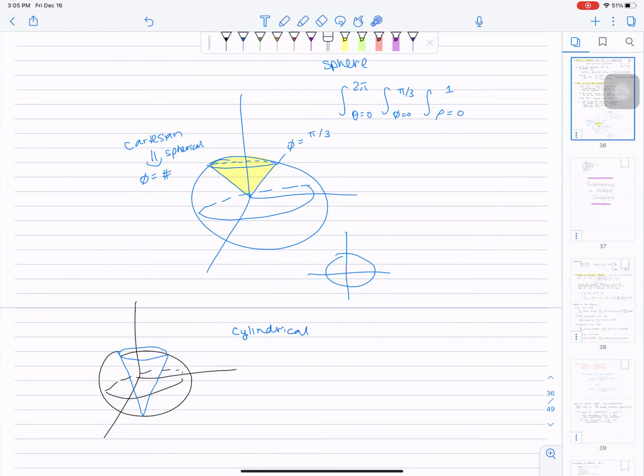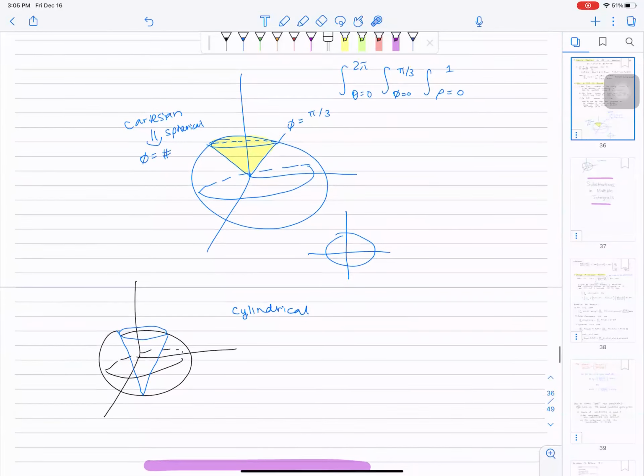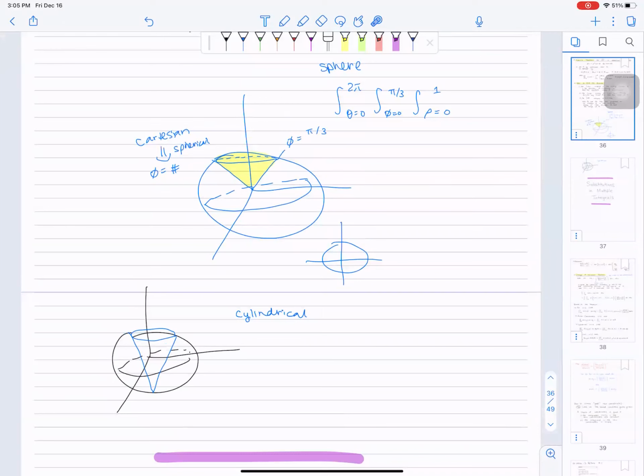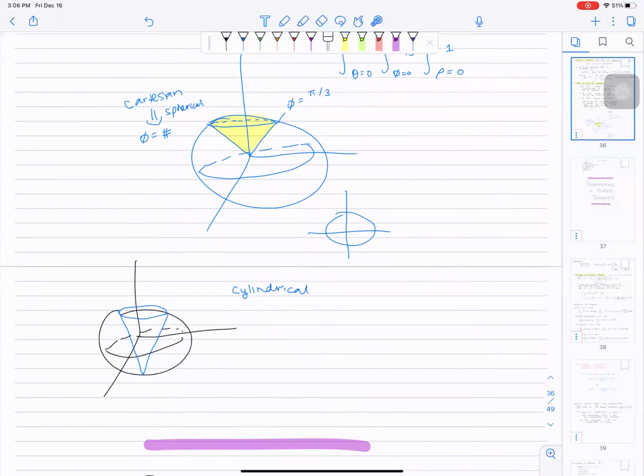I don't remember how I did it in my notes, but usually it's better to use spherical if your rho can start at 0, like we have here, 0 goes to whatever radius. But here I don't have a starting rho point. Rho stops at whatever this radius is, and I don't know what radius that is. So maybe I want to use cylindrical instead.